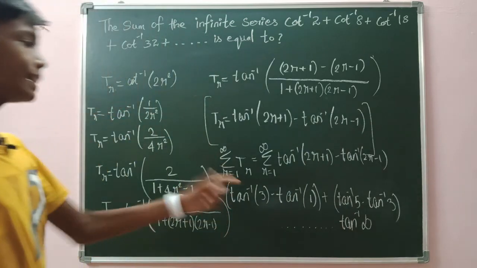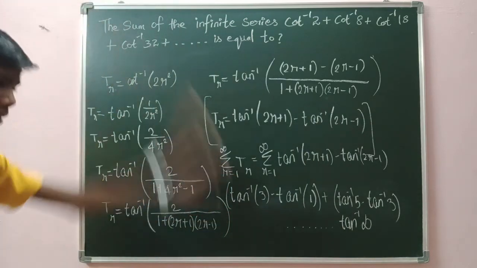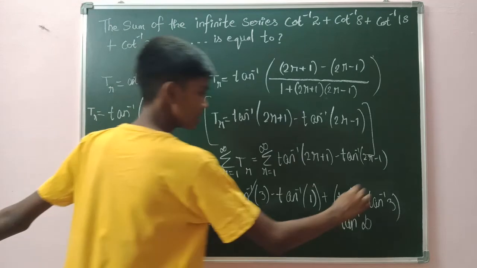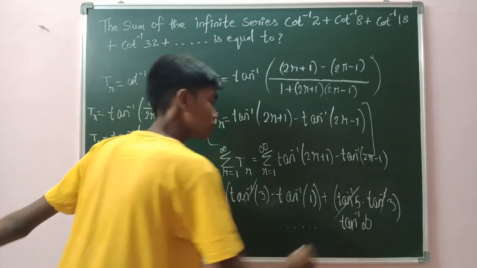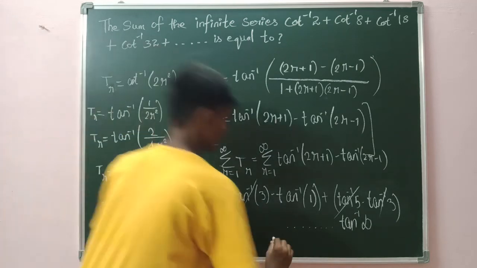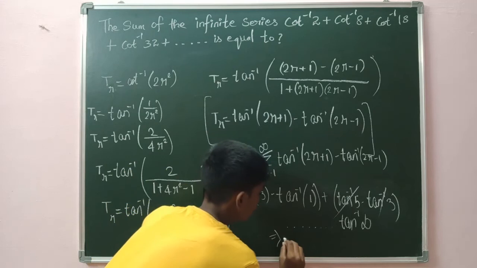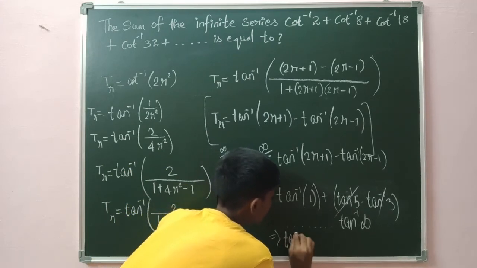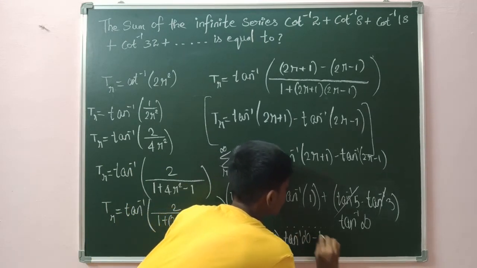Now in this particular series, most of the terms will get cancelled, like this tan inverse of 3 and tan inverse of 5 will get cancelled with another minus tan inverse of 5. So finally when you cancel all the terms, you will be left with tan inverse of infinity minus tan inverse of 1.